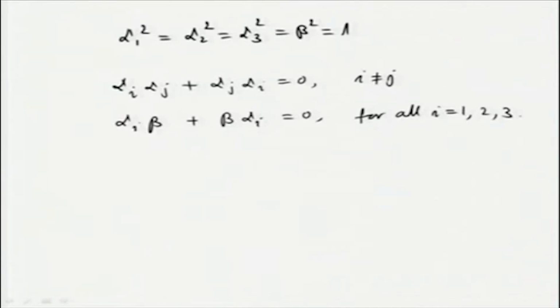These objects therefore are called anti-commuting objects, because if you switch the order in which they are multiplied, that will give you a change of sign. So, that is one thing that we notice.